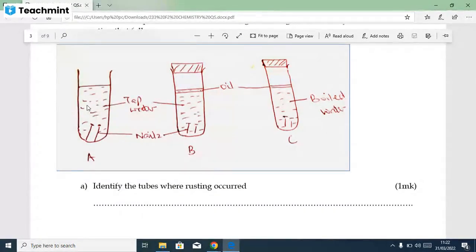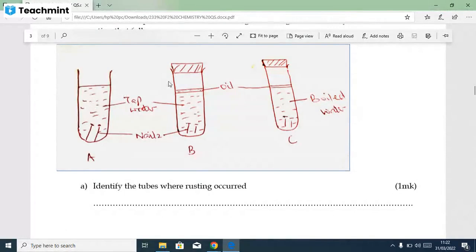It's a necessary condition. So you don't just talk about oil, but talk about oil preventing the entry of oxygen into the tube. That will prevent rusting.